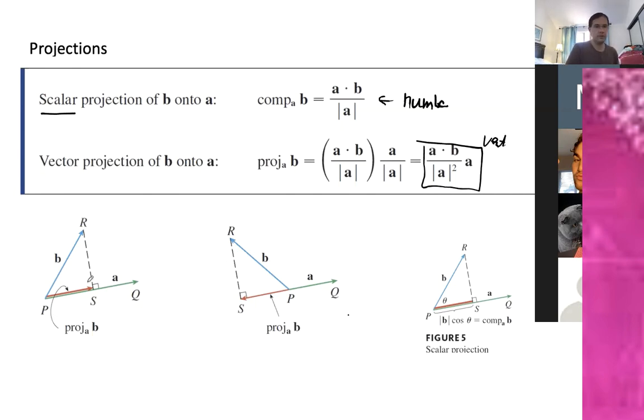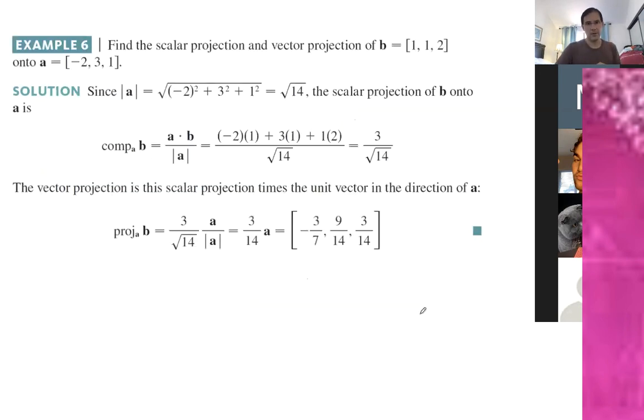So again, if this is the vector A, the green one, the blue one is the vector B. That's the projection of this vector B onto this vector A. This is also a projection, and this is the scalar projection. So let me give you an example that will be clear.